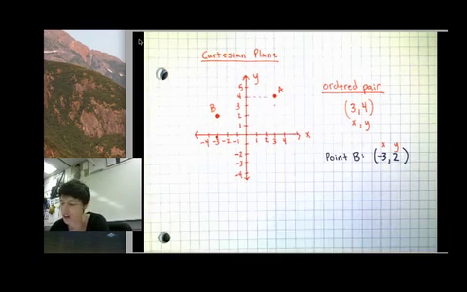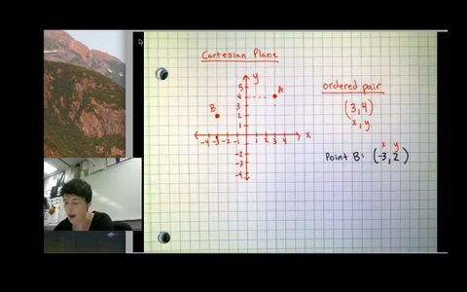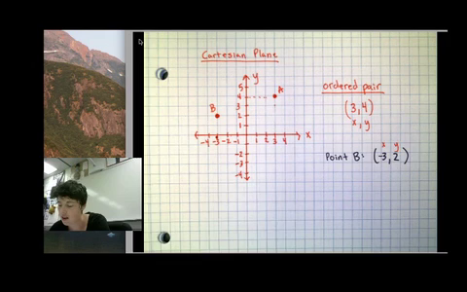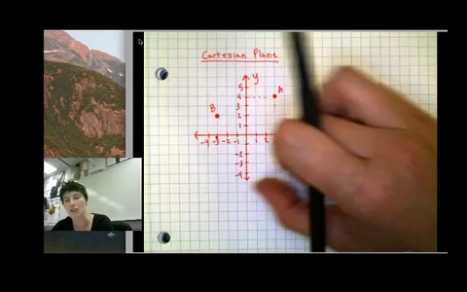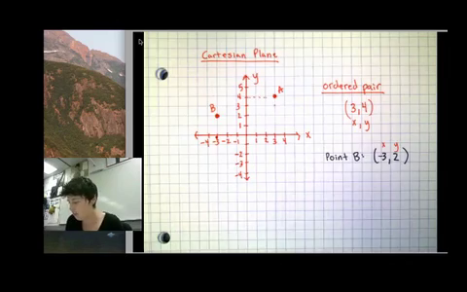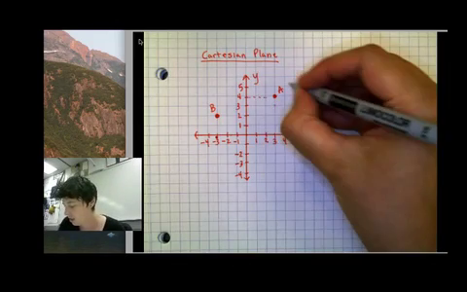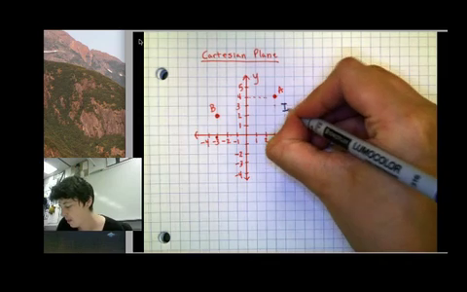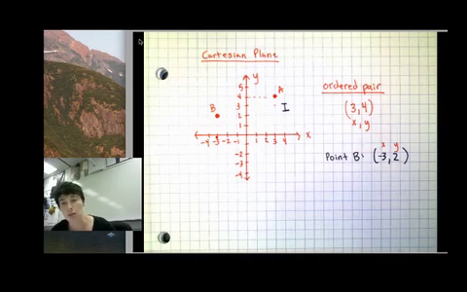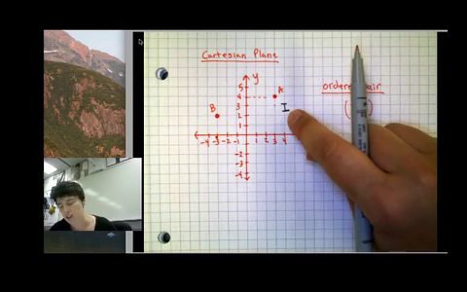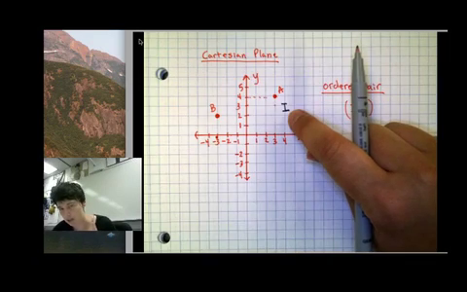There's also some other unique things about this whole mapping system, this Cartesian plane. One thing we can do is we can label each quadrant. There's 4 sections of this graph, so we can go through and label them. We say this first section up here is quadrant 1, but most of the mathematicians and textbooks that we use a Roman numeral. So it looks like the letter I, but it's the number 1.